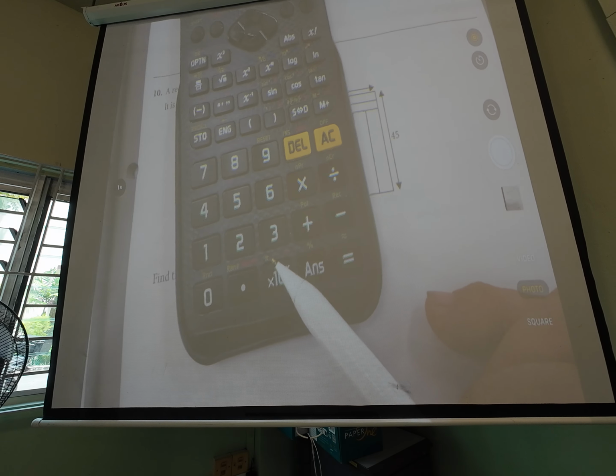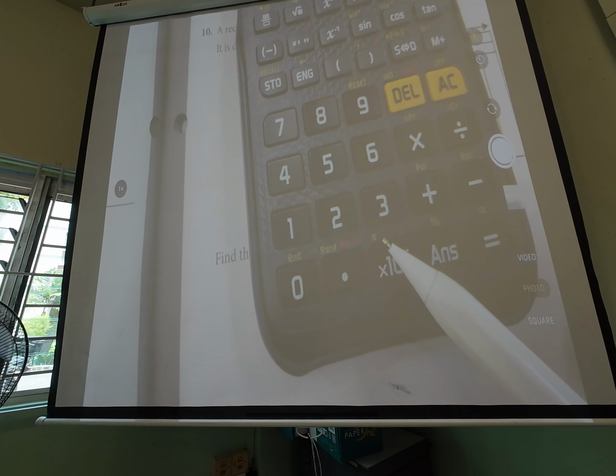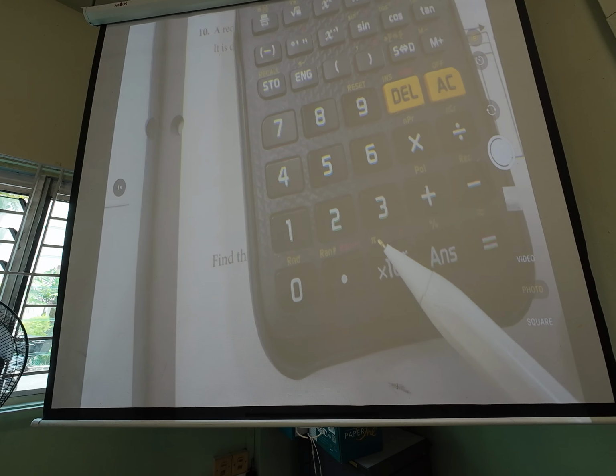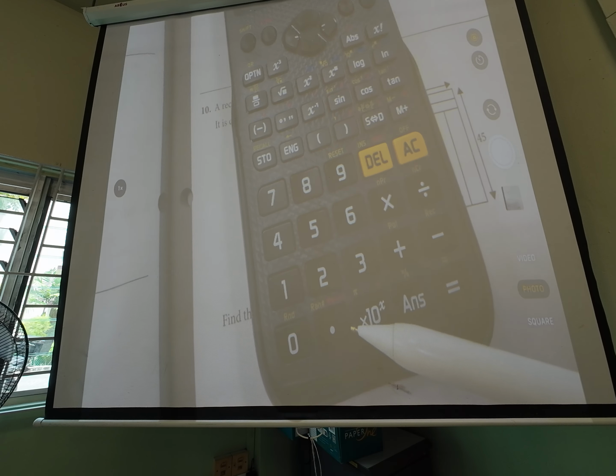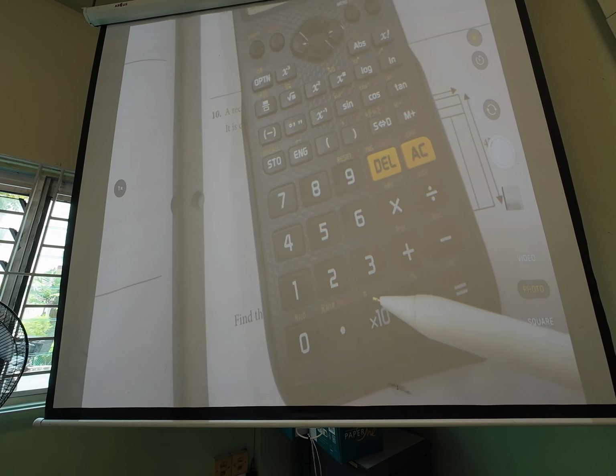This yellow color button is pi. So if you want to get pi, you have to first press shift. Your shift is here. You press this circle, then you press this button, you will get your pi. That is how you get to your calculator pi.